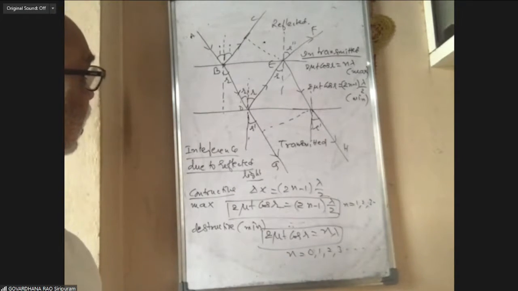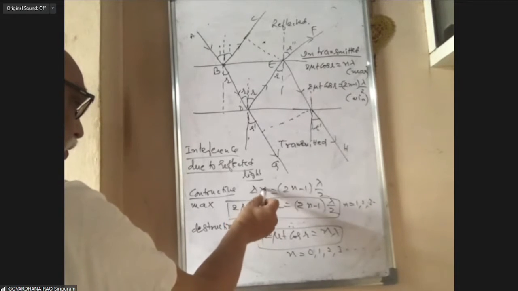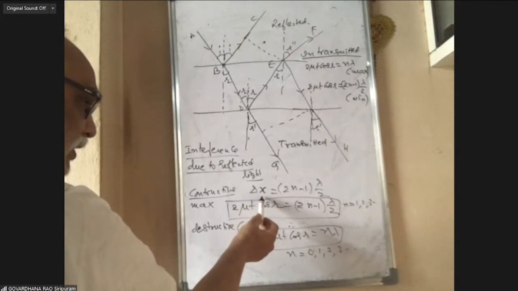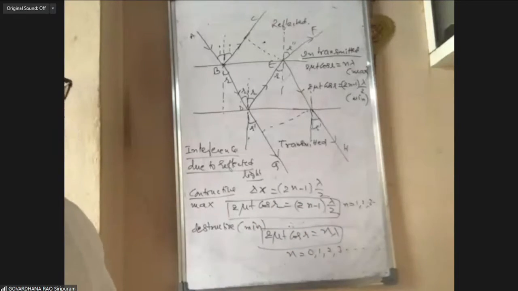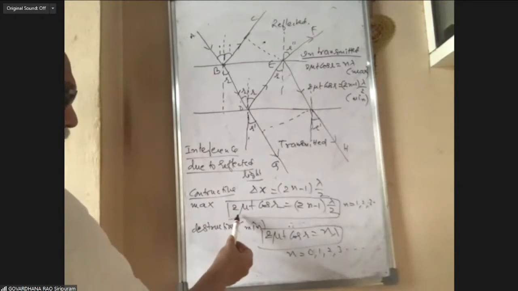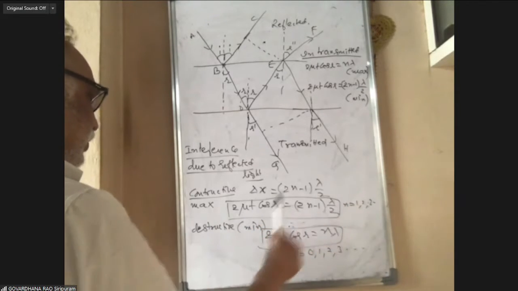Sir, what is the path difference? Where is the path? This one. The difference is delta x equal to (2n minus 1) into lambda by 2. So the condition for maxima is 2 mu t cos r equal to (2n minus 1) into lambda by 2.